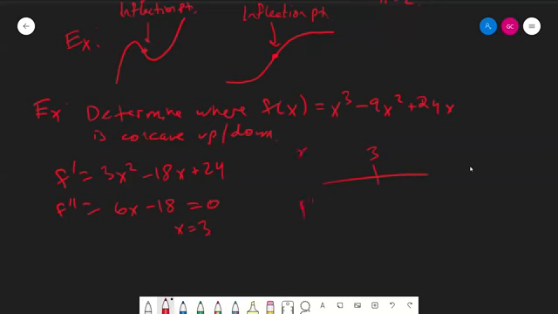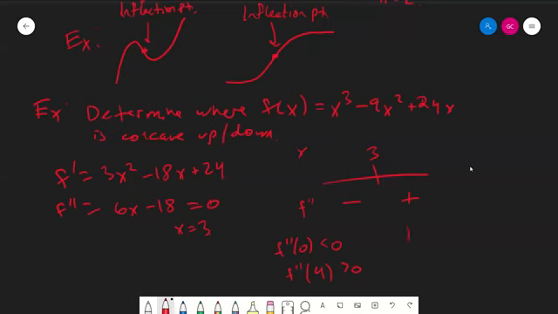And then in this case, f double prime, if I plug in something that's less than 3, for example, f double prime of 0, well, that's something negative. Whereas f double prime of something bigger than 3, like 4 or like 1,000, would be bigger than 0, so that's positive.